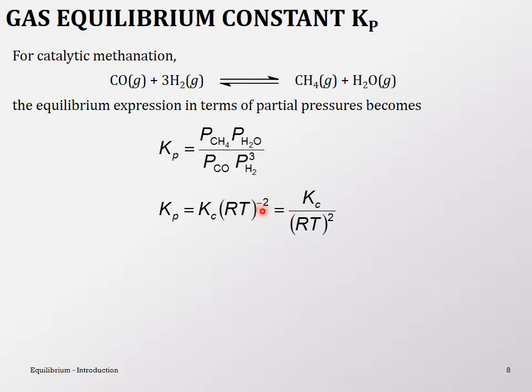And minus 2 means that you have inverse and squared. That's what it is, and so Kp then becomes Kc over RT squared. And that is just a mathematical thing. It's not chemistry, it's more math: when you have minus 2, then it is inverse and then squared. So that's how you would calculate Kp if you had to express it for a reaction.